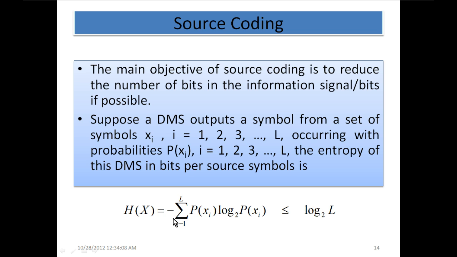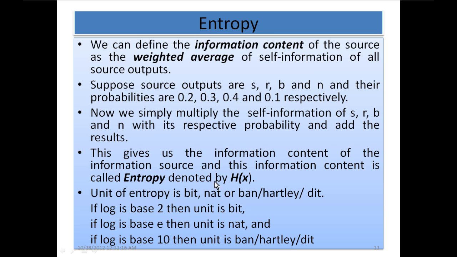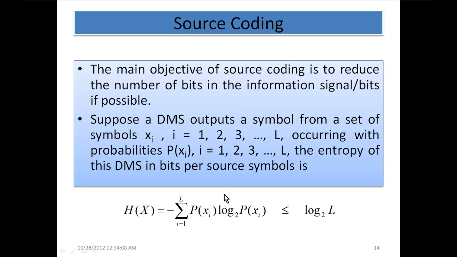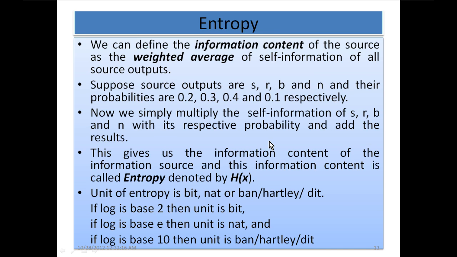This is the formula of entropy which we have already discussed; this method of multiplying the self-information with its respective probability is written in mathematical form here. The condition is that this entropy must be less than or equal to log base 2 of L, the total length of the symbols.